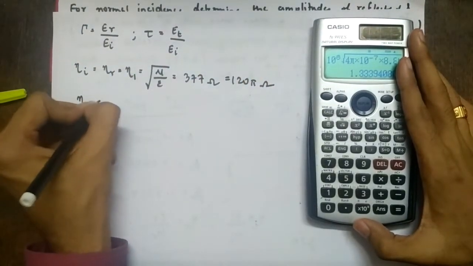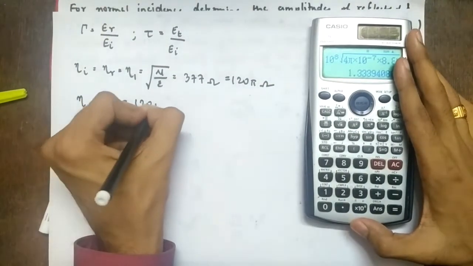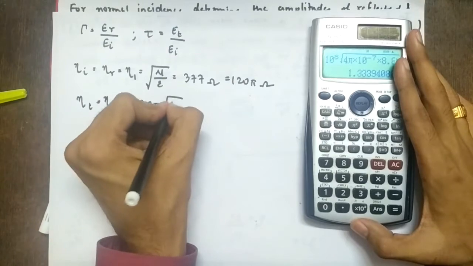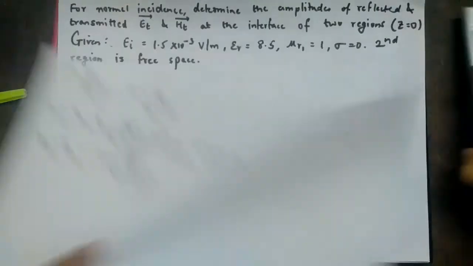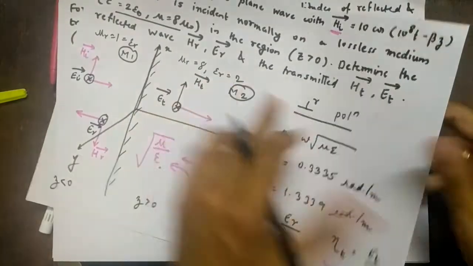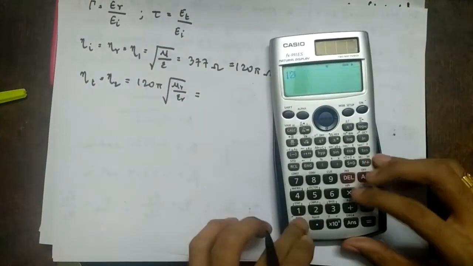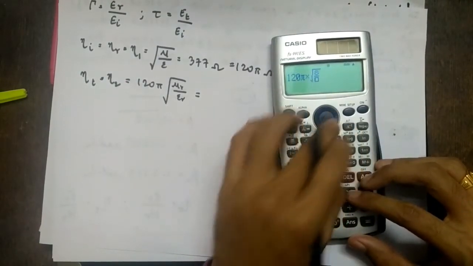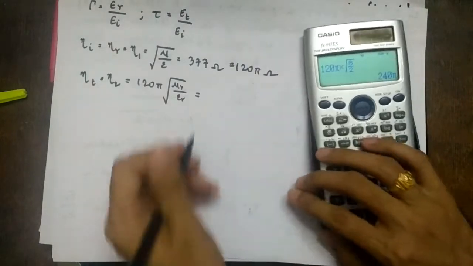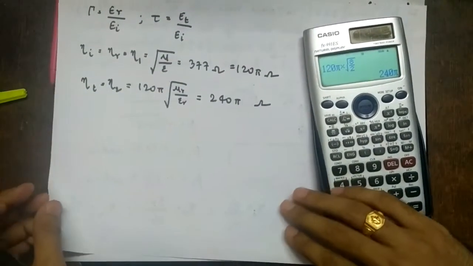Similarly, eta T equal to eta 2 will be 120 pi into root mu r by epsilon r. So what is mu r by epsilon r for medium 2? Mu r is 8, epsilon r is 2. So 120 pi into root of 8 by 2, so 240 pi ohms is the unit, right?